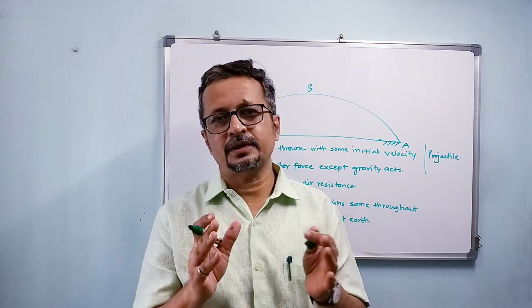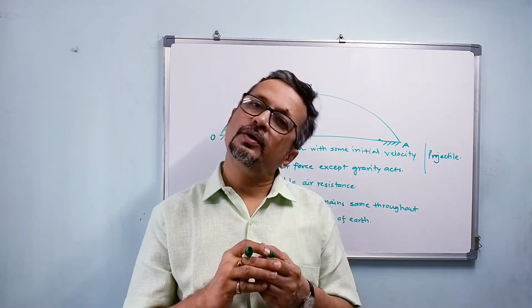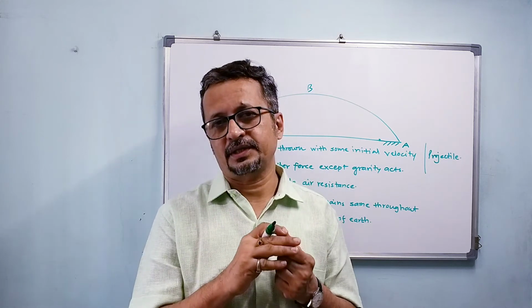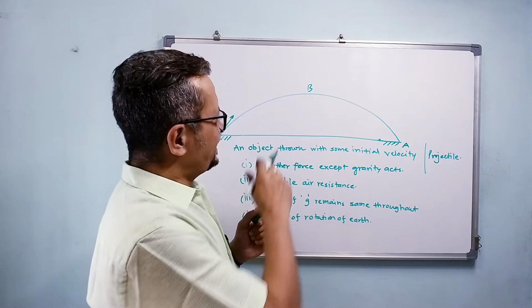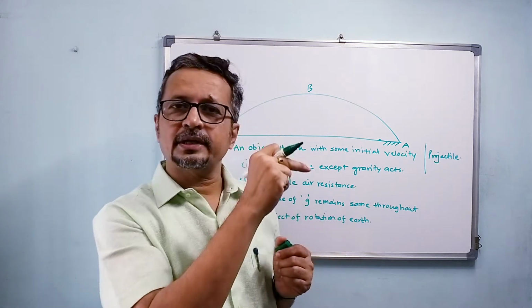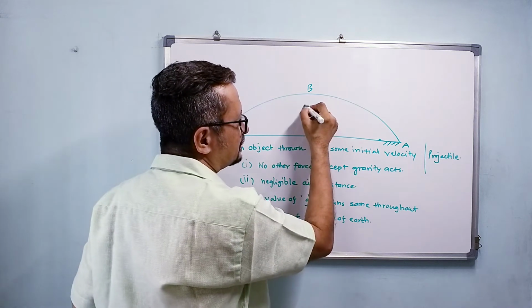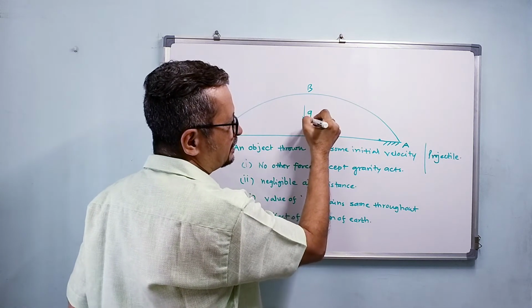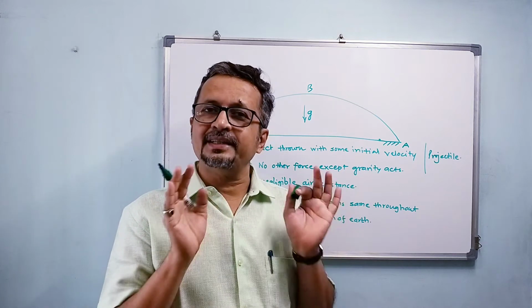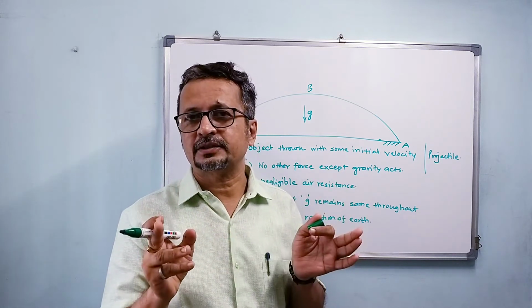Now up to here it may be clear. Now one more thing which is worth noting: is there any acceleration acting on the body in the horizontal direction? We know that the gravitational acceleration is acting vertically downwards. Is there any force or any acceleration acting in the horizontal direction?